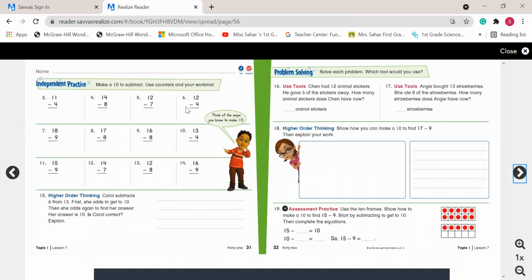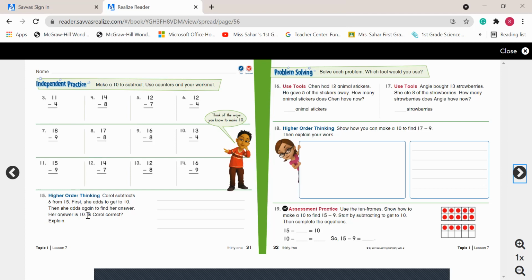Your work mat or the sheet you have, the one where you're going to draw the 10 frames, and then you're going to use it. You can use different colors, which will help you to subtract and get your answer. And you can always go back to the previous page and look, or watch the video again. Decide what you're going to do. Are you going to work with the smaller number to make 10, or are you going to work with your bigger addend and subtract to make 10?